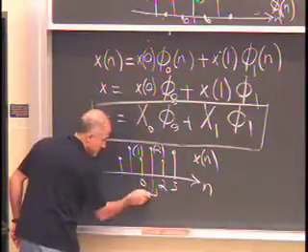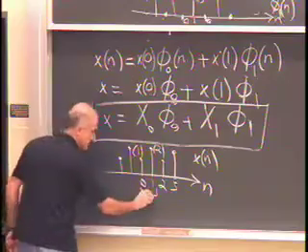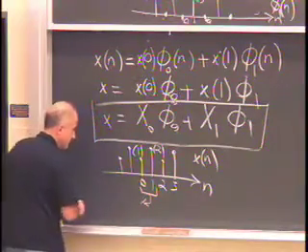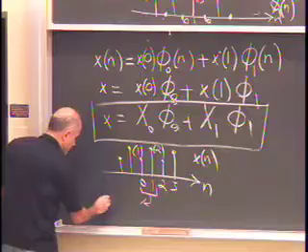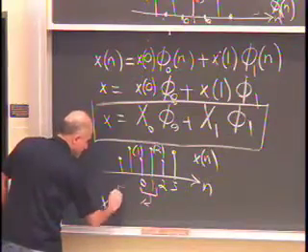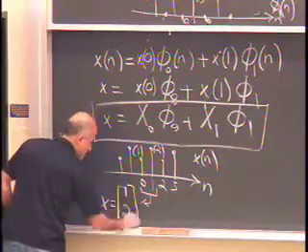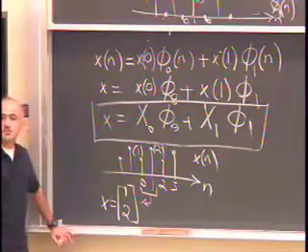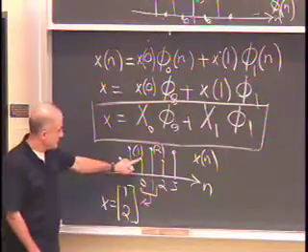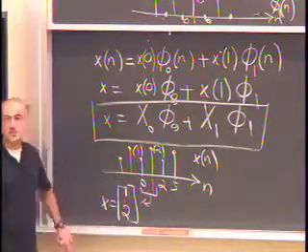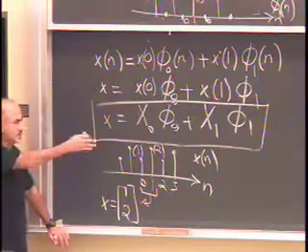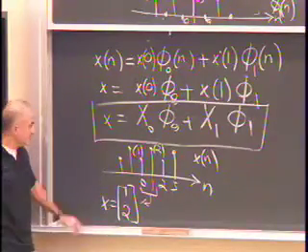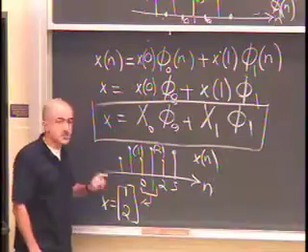Here's my one period. And I stack the values in a vector. Two-dimensional vector. You agree? 1, 2. I stack it up as a vector. All the other periods are identical. So I've captured all the necessary information about this signal.